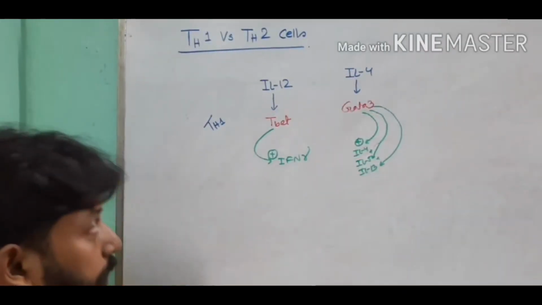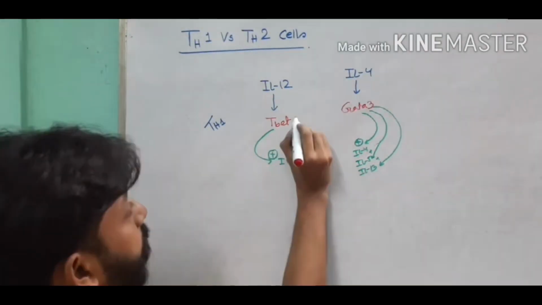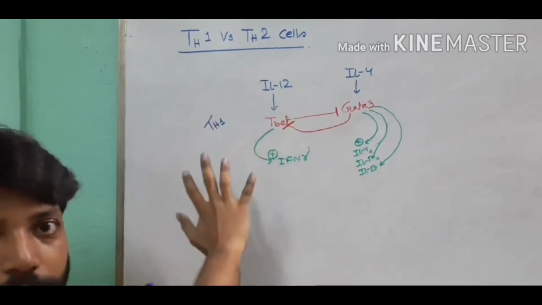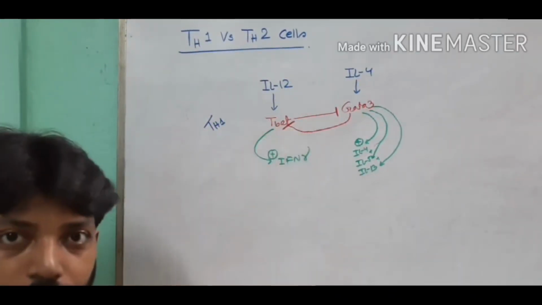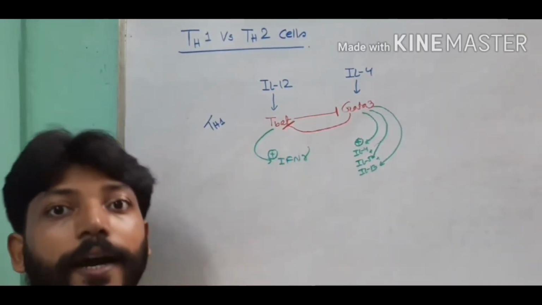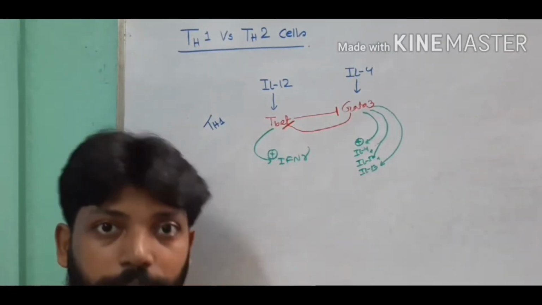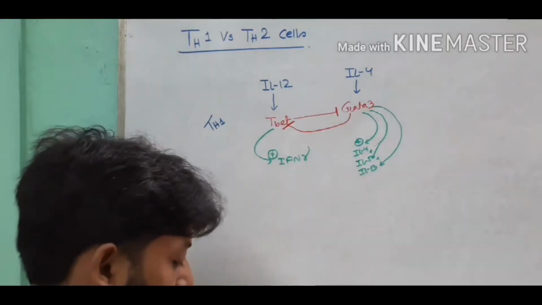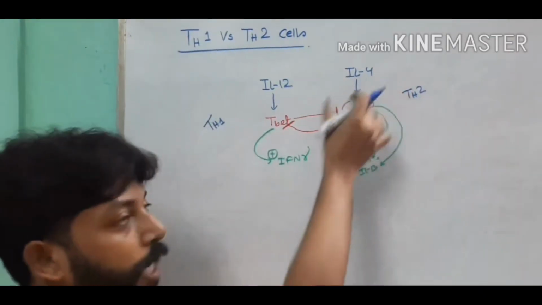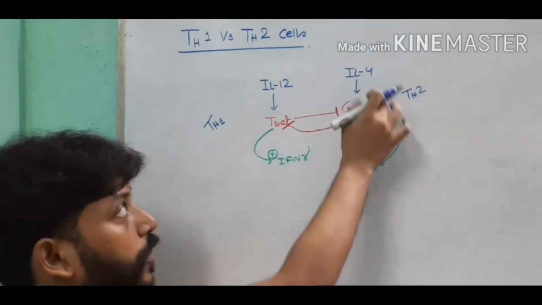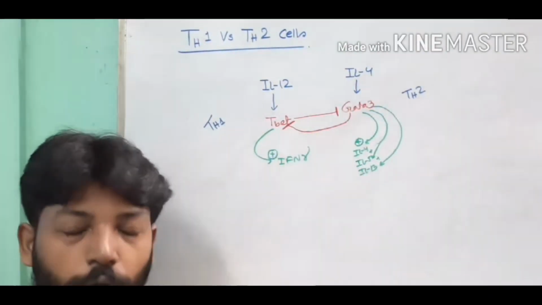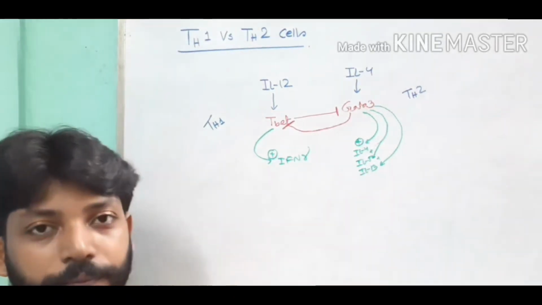Now what happens, this TBET and GATA3 inhibit each other. So if this is a TH1 cell, IL-12 is received, then TBET is produced. This TBET inhibits the GATA3 molecule in that particular cell. And if it is a TH2 cell, then IL-4 is received and GATA3 is produced. GATA3 inhibits the TBET. So once a cell becomes TH1 or TH2, it cannot become the other.